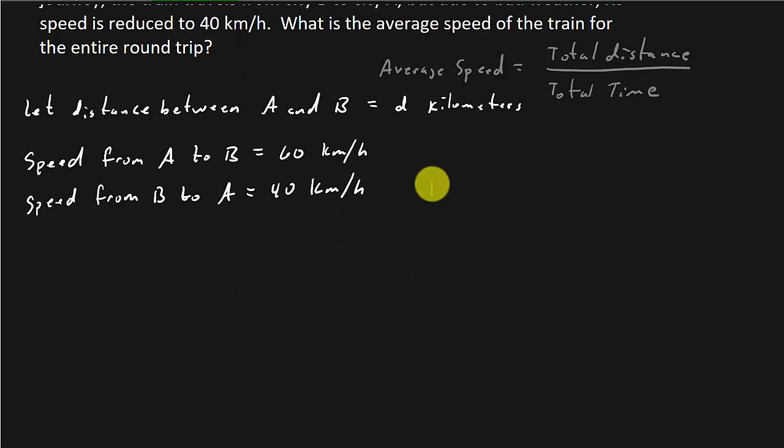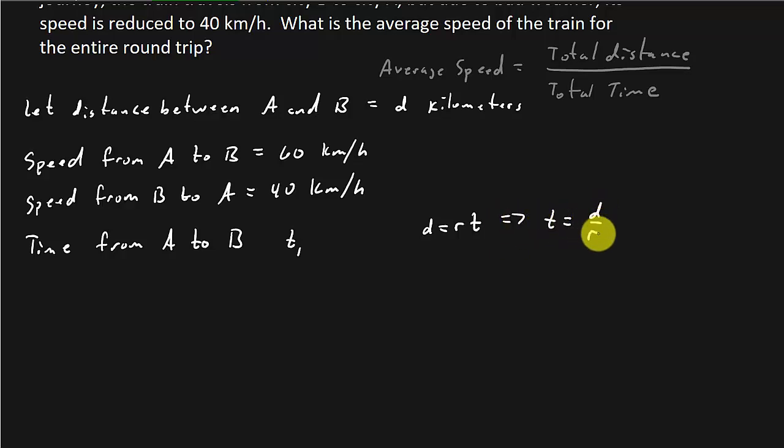All right. So let's look at time. From A to B, okay? The time from A to B. We know that distance is equal to rate times time, and so this tells us that time is equal to distance over rate.